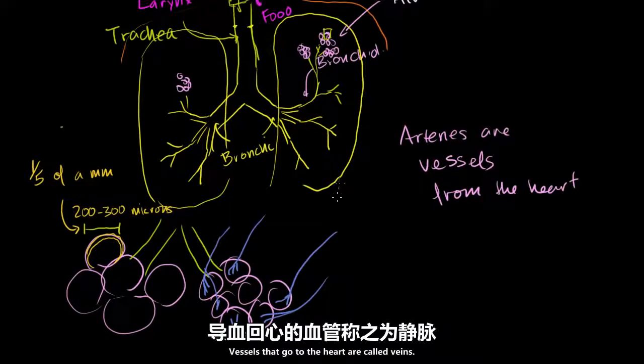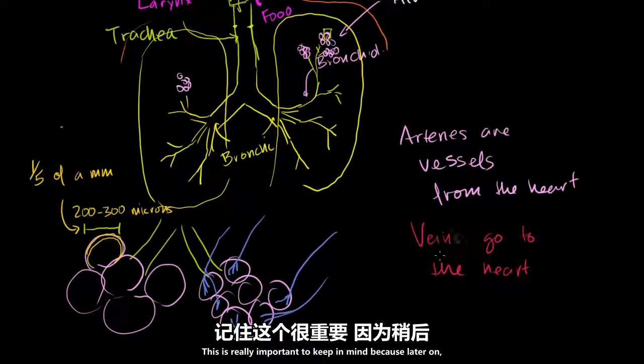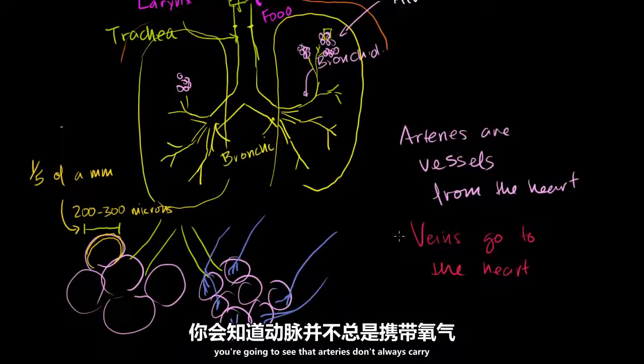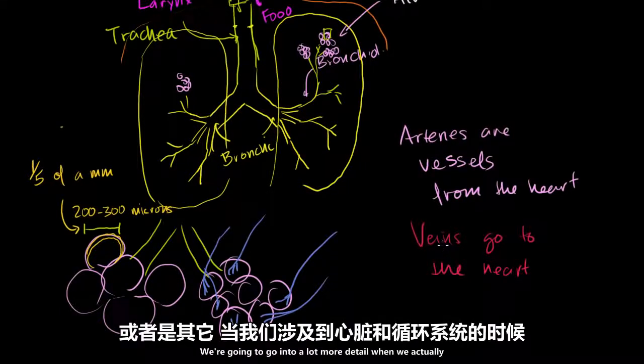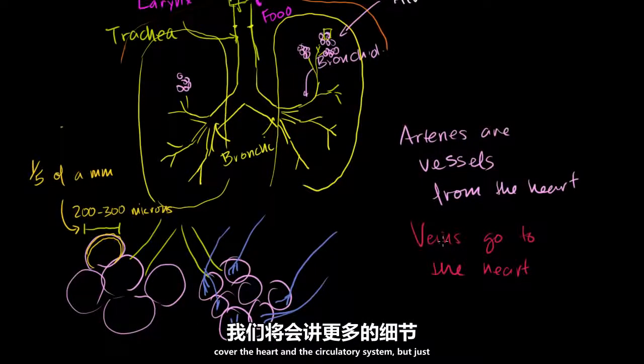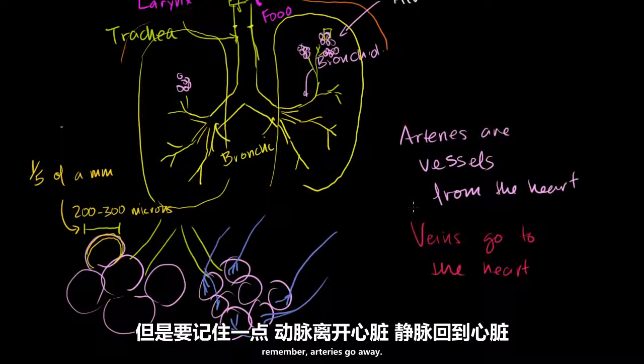And the vessels that go to the heart are called veins. Veins go to the heart. And this is really important to keep in mind, because later on you're going to see that arteries don't always carry oxygen, or aren't always deoxygenated, and veins aren't always one way or the other. We're going to go into a lot more detail when we cover the heart and the circulatory system. But just remember, arteries go away, veins go to the heart.